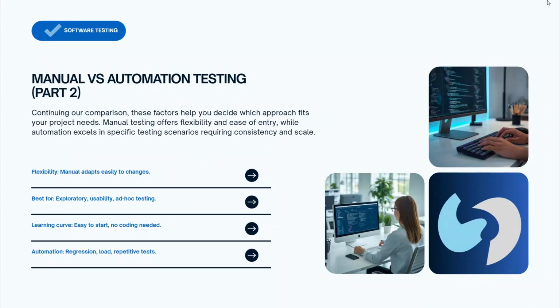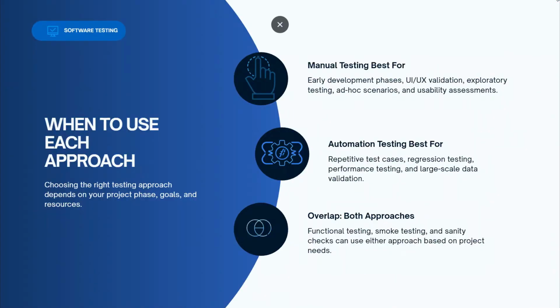And flexibility. Here there is some difference. Manual flexibility is very high. Suppose you have deployed, requirement and everything is done, and you have given it to the end user, and the end user wanted some changes. A manual tester can adapt to those changes very easily and quickly.